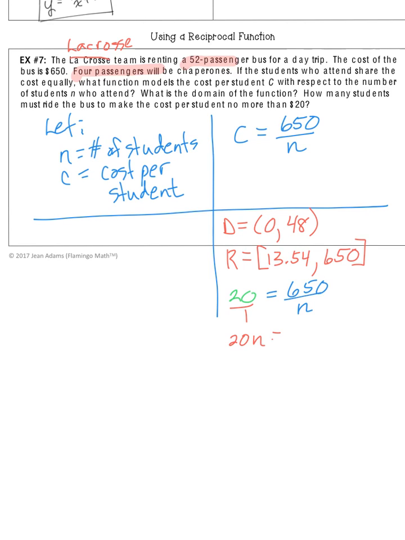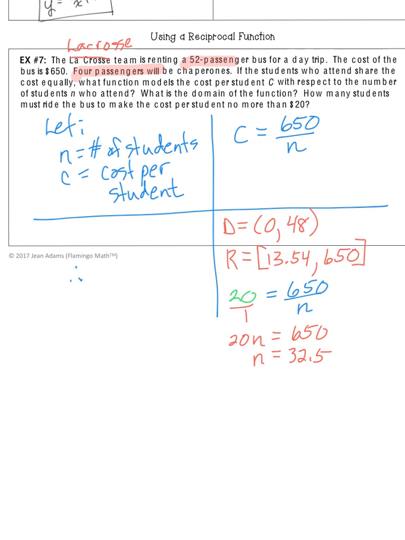So if I cross multiply, I have 20n is equal to 650, and I get 32.5. Well, I can't have half a student. If I only have 32 students, 650 divided by 32 is $20.31. So I can't have 32 students, therefore I must have 33.